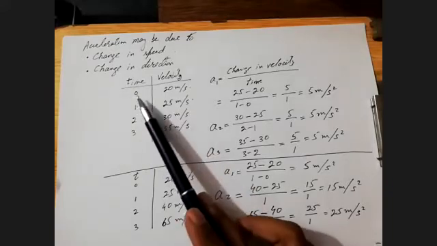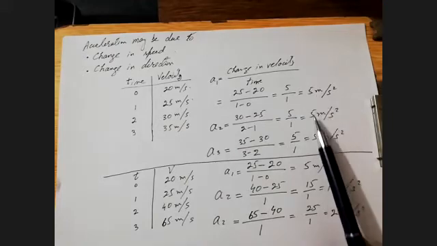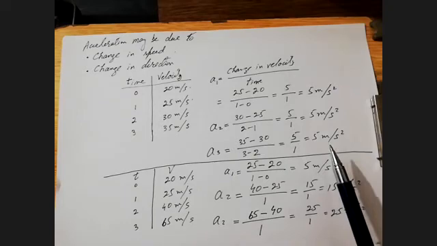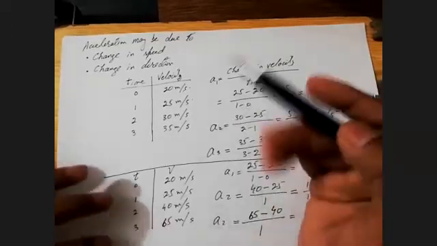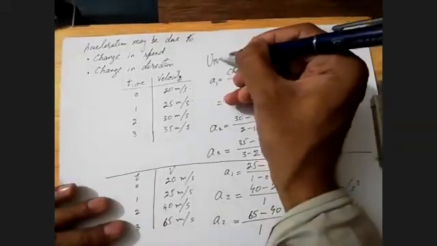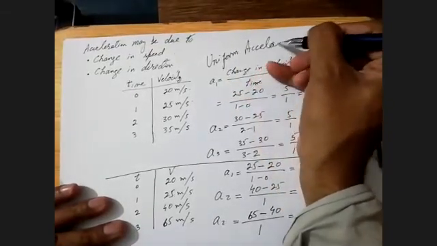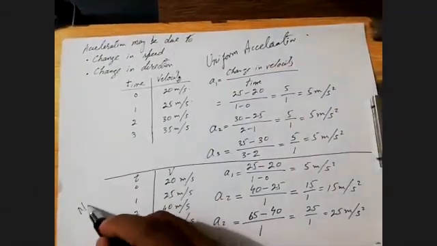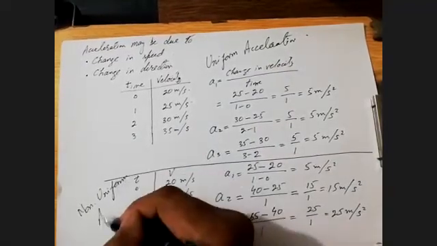But in the previous case, the acceleration was uniform from 0 till 3. Initially it was 5, and for each interval of time you can see that acceleration is constant. So this is a simple example of uniform and non-uniform acceleration. This I'm naming as uniform acceleration, and here it is non-uniform acceleration.